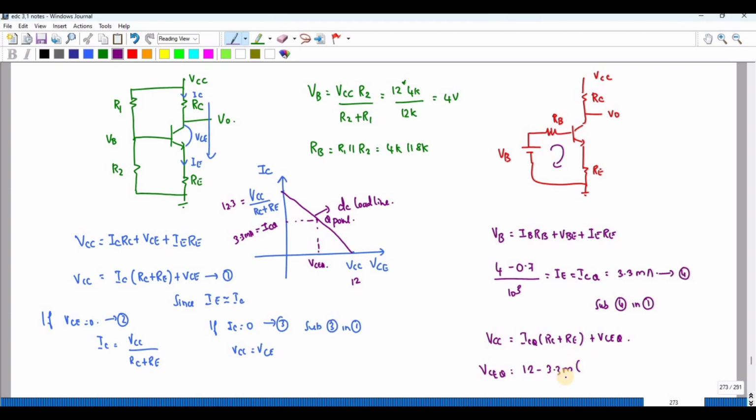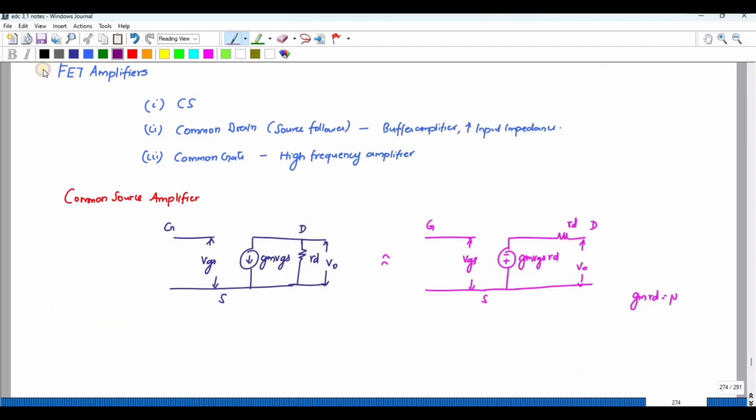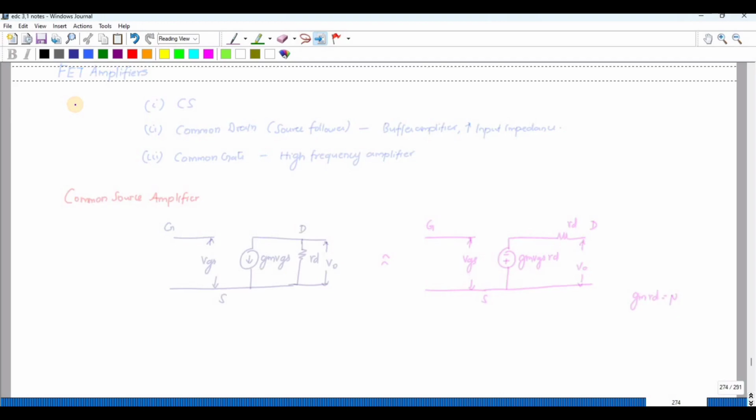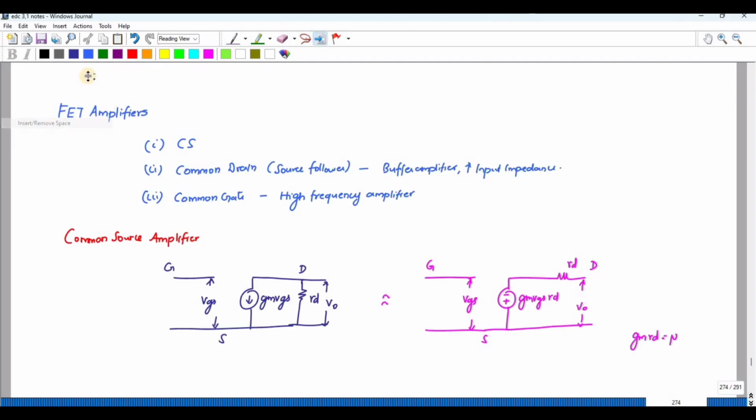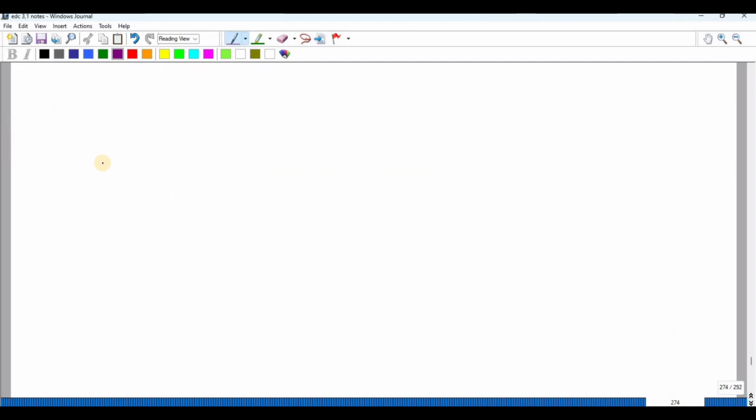What is RC plus RE? It is 2 into 10 power 3. On solving, you will get 5.4 volt. So this is how we find the DC load line and Q point.